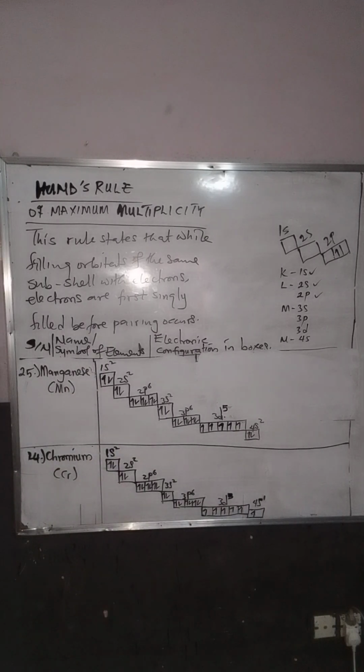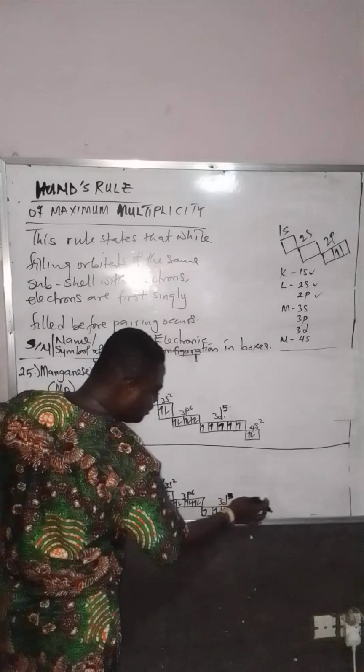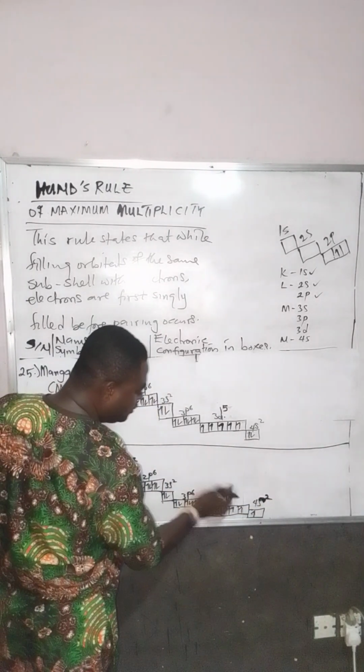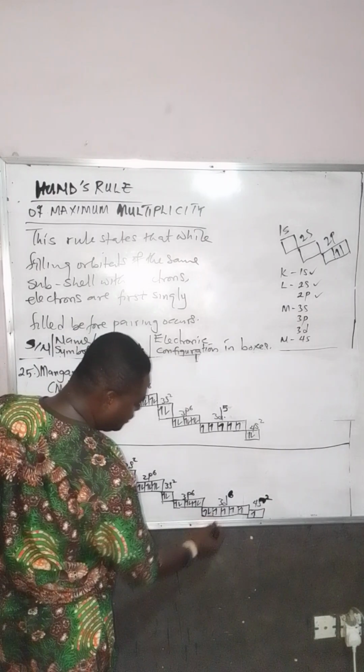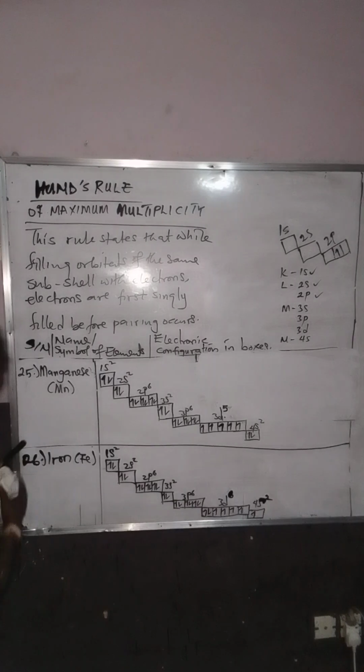So then number 26 is iron, Fe. We are going to just add, returning this one to 2, and 3d to 6. If 3d is 6, just come and pair this place. That's all. So fill singly, then pair.